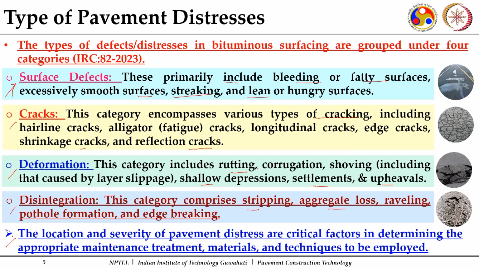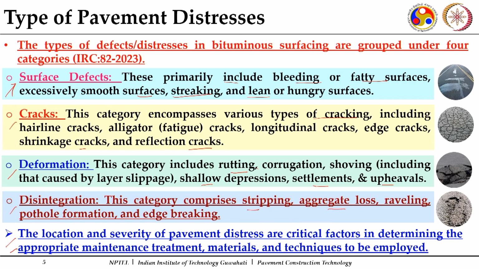Now, the important aspect is the location and severity of pavement distresses are critical factors, where it is happening and to what extent it has happened. These two are very important aspects to determine the appropriate maintenance treatment, what type of treatment, what type of materials and what techniques need to be involved to address those kinds of distresses.